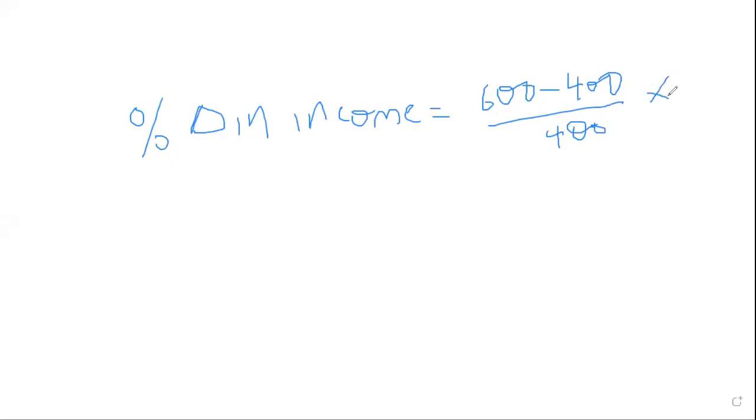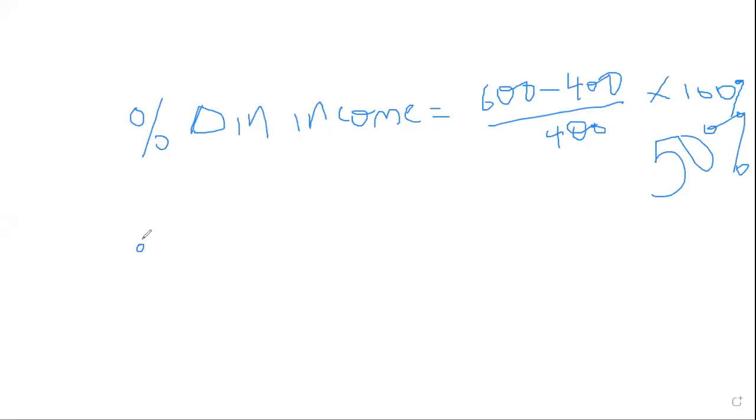And then you multiply everything by 100 to have it in percentages. So it's going to be 200 over 400, which is 50%.